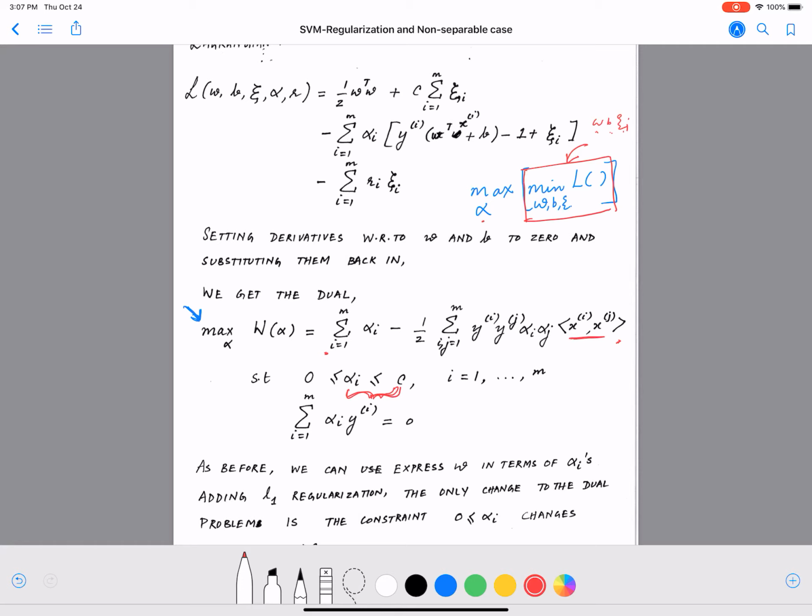So now we got the same expression here. We have the kernel right here, and then we have this additional constraint, and we also have this which we got when differentiating with respect to B, right? And this we got when we differentiated with respect to psi I, right?